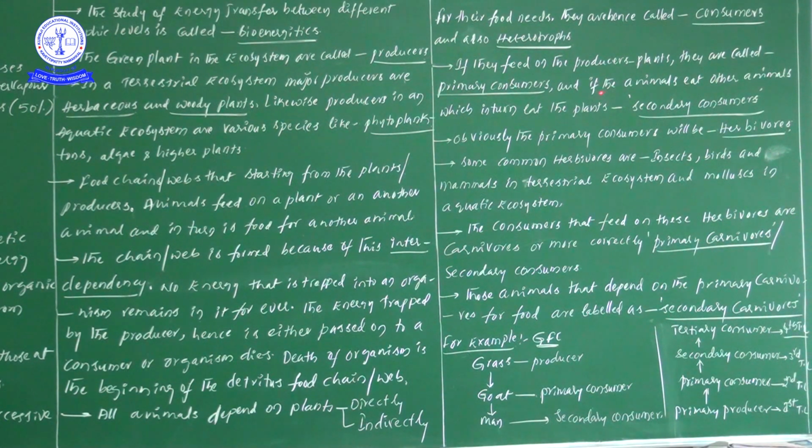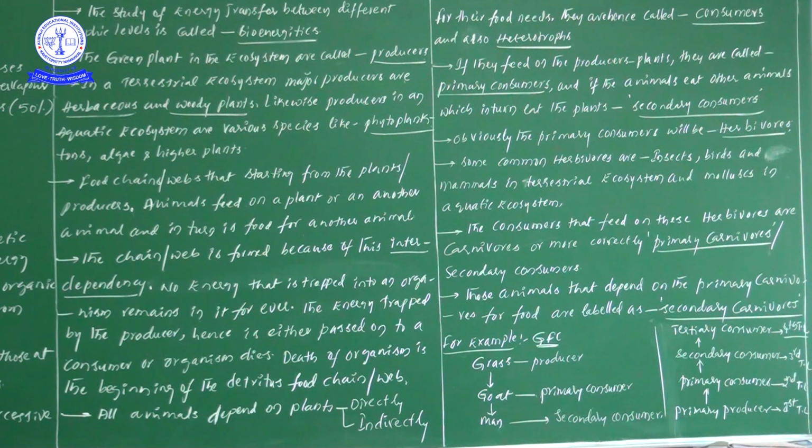Next one, if animals eat other animals which in turn eat the plants, what is the information? Some animals eat the producers, and these animals become food for another type of organisms.